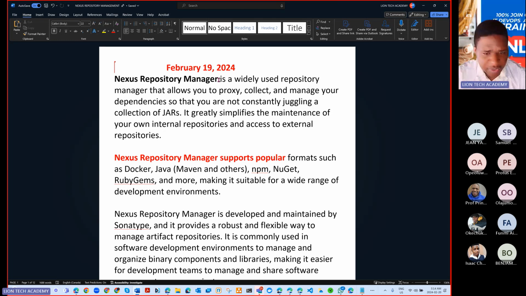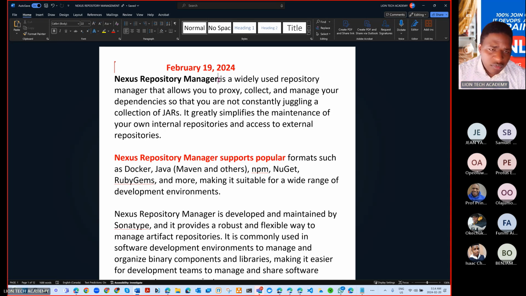You should have experience with Nexus Repository Manager. The summary of it is that Nexus Repository Manager is what is used to manage artifacts: JAR artifacts, WAR artifacts and EAR artifacts, Docker files as well, NuGet, Ruby gems, and more.